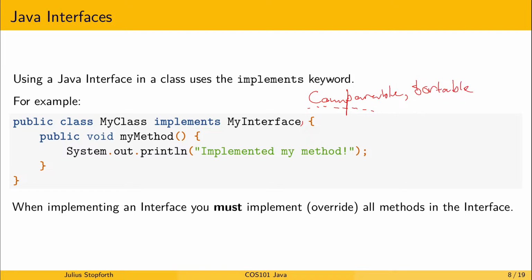So you can have as many interfaces as you need, with the rule being that you have to implement all of the methods described in those interfaces. So when you implement a Java interface, you must implement and override all of the methods in the interface.